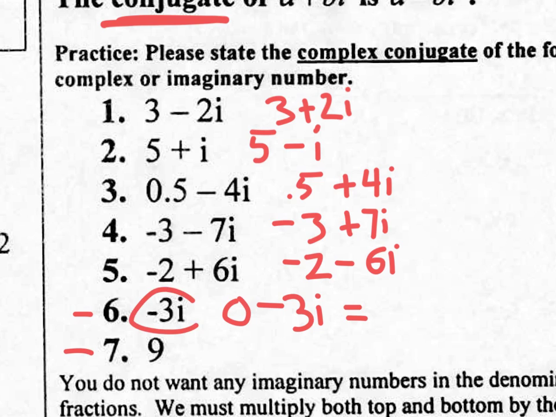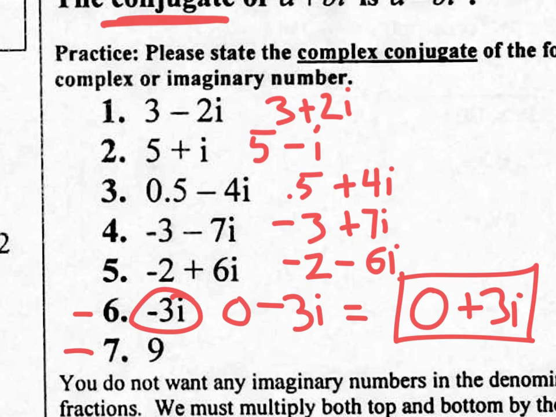So the conjugate of negative 3i is really just positive 3i. Of course, you could put a 0 in the front if you want. Okay? And last but not least, number 7, there is no imaginary part. So if I say, what's the conjugate of 9? It's just 9. Because it's not even a complex number, it's just a regular number.